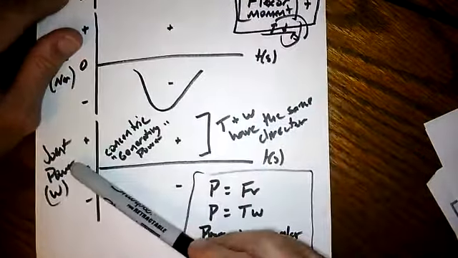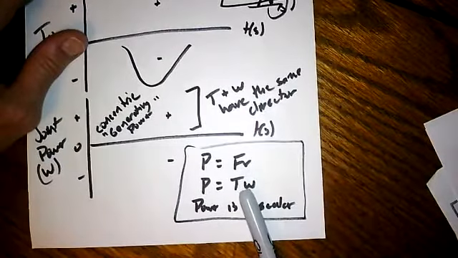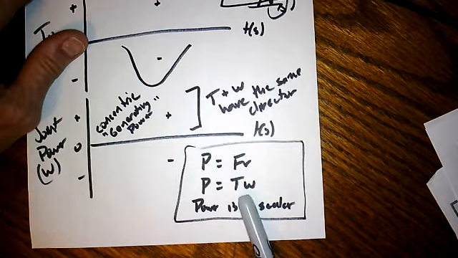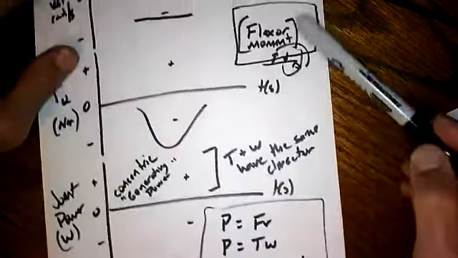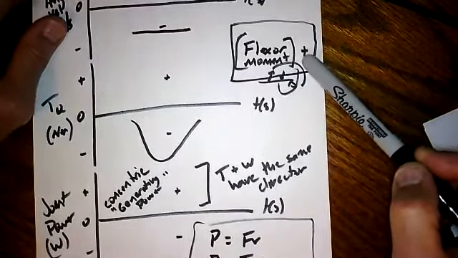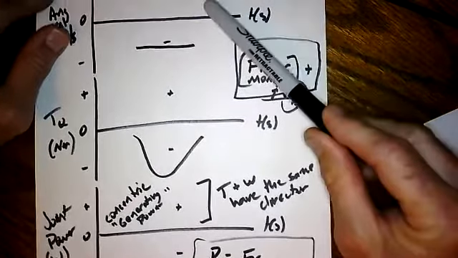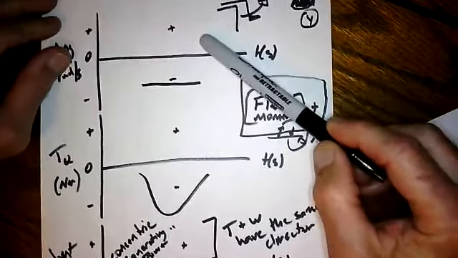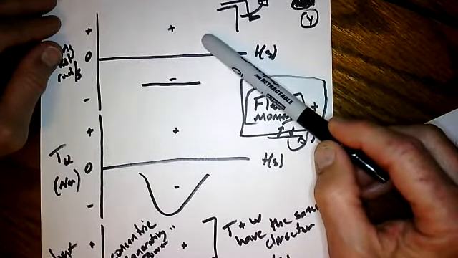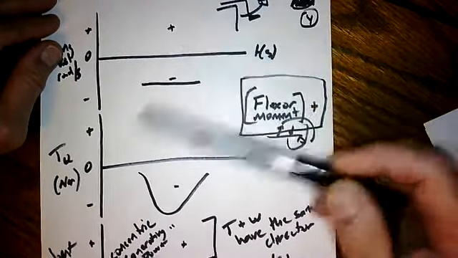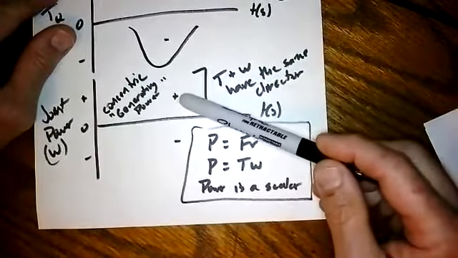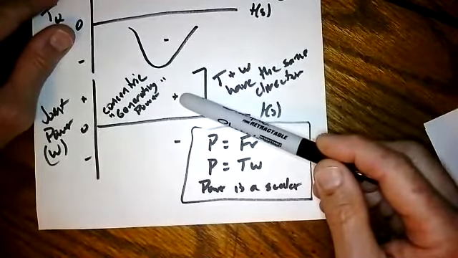Now, if we go down to joint power, we use our equation, P equals T omega. Power is the product of these two, but power is a scalar. But now, given that we use this reference frame, flexor moment is positive, and we used anatomical position is 0 and flexion angles are increasing, the product of these two yields a direction which can have some context now.